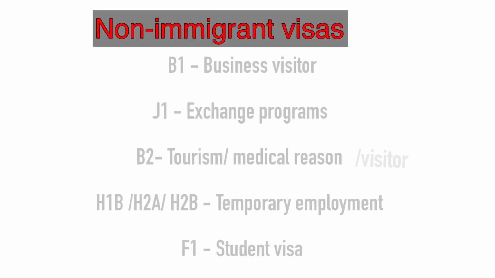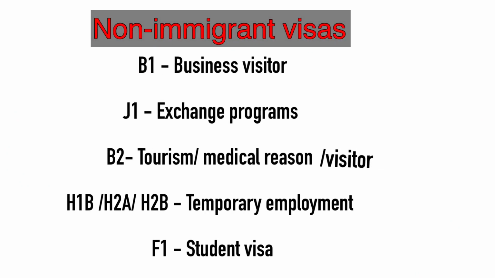So we have B1 visas, which are also called the business visa. There are a lot of people who come into the country to do business, and those ones go for the B1 visa. And then we have J1, the exchange visa, if you want to do an exchange program.